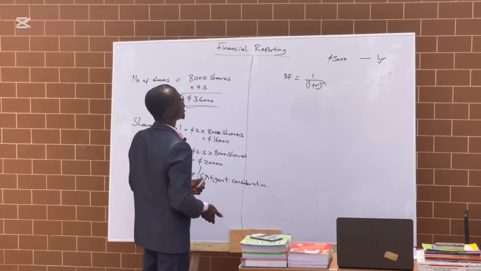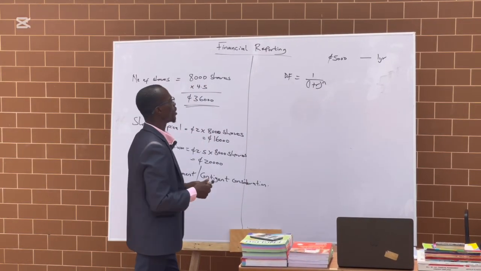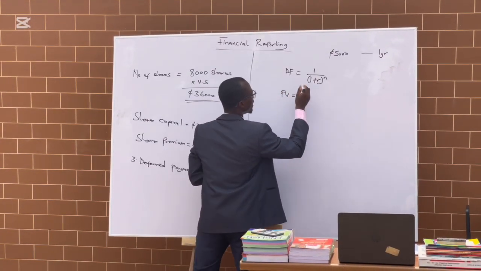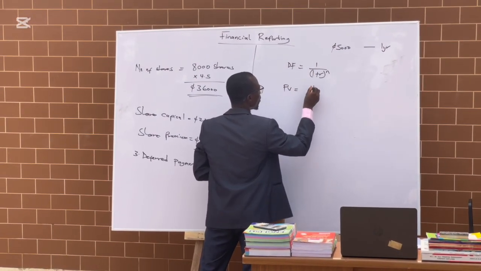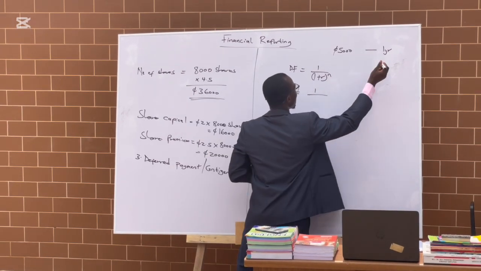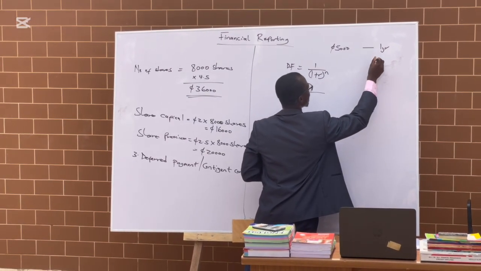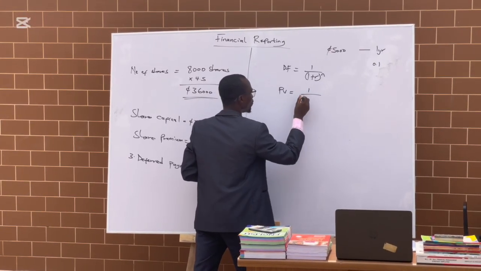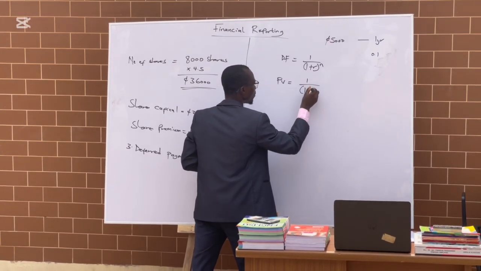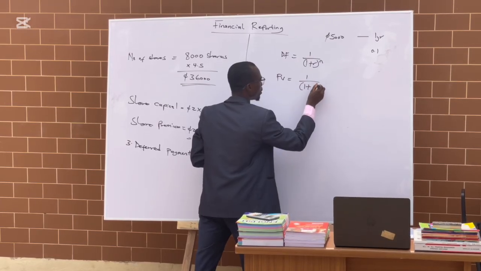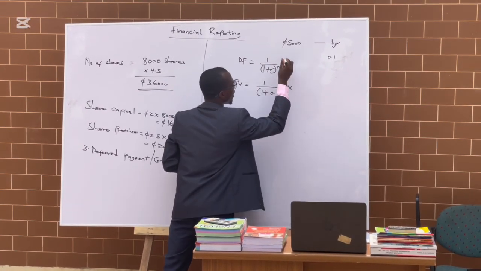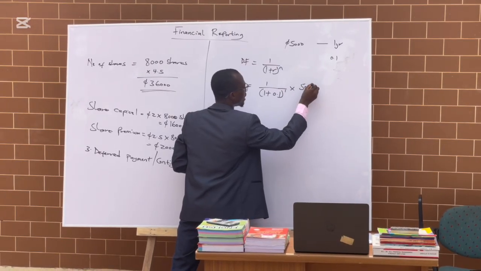So this 5,000, we can discount it. So let's find the present value of it. The PV will be equal to the 5,000. So you can do 1 over, assuming the r is, let's say, 10%. So 0.1. So we have 1 over 1 plus the r, which is 0.1, power n. The n is 1 year, times the 5,000, which is the future amount.